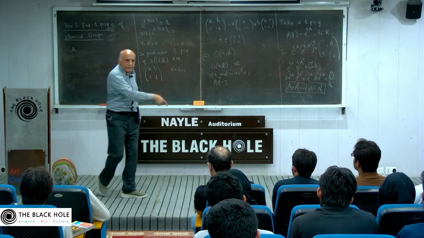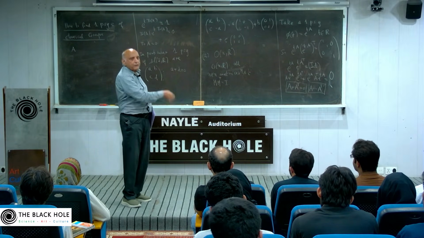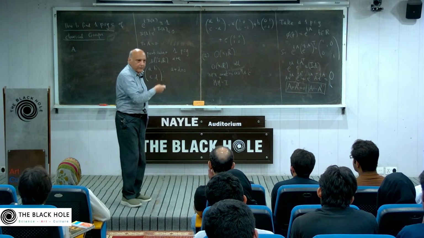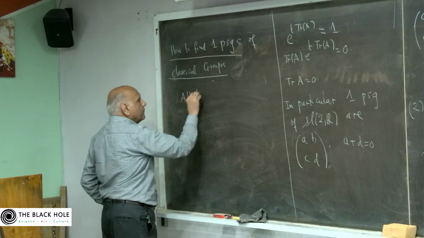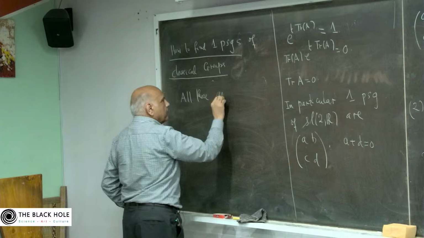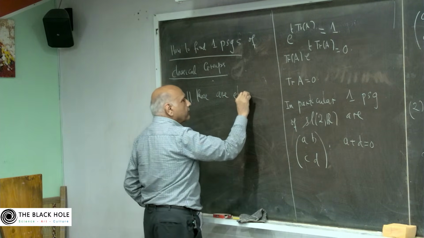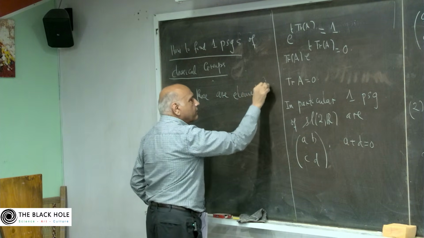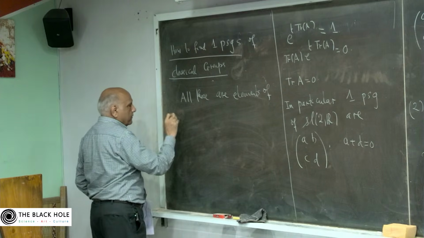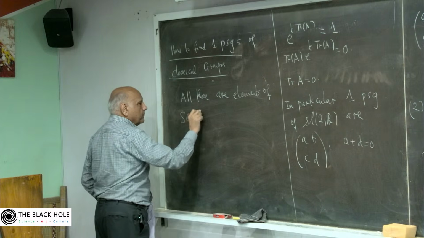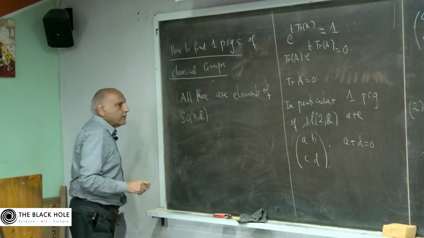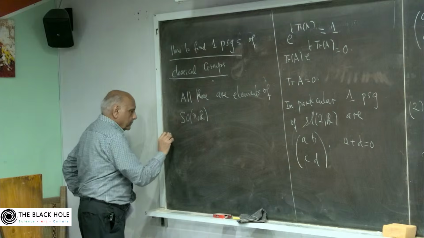On the diagonal you have zeros, right? So the determinant has to be then 1, right? So all these are elements of SO(n). Okay. So let's do a specific example.